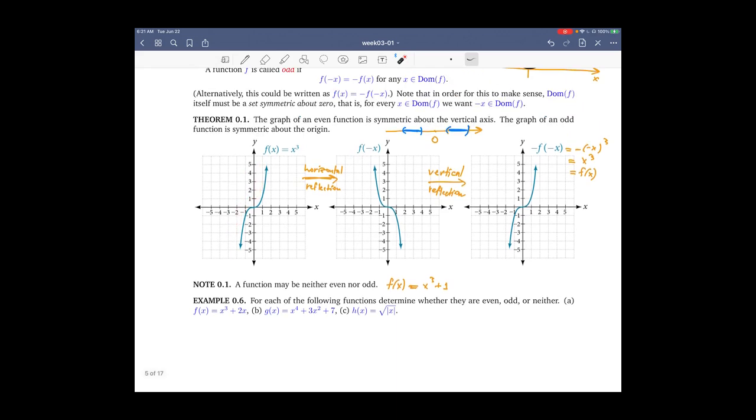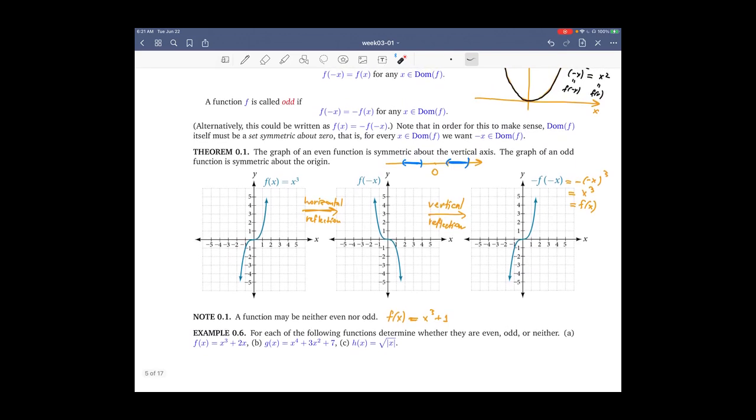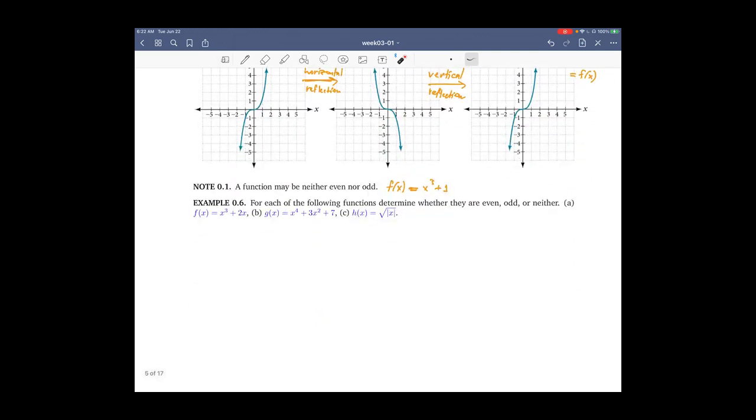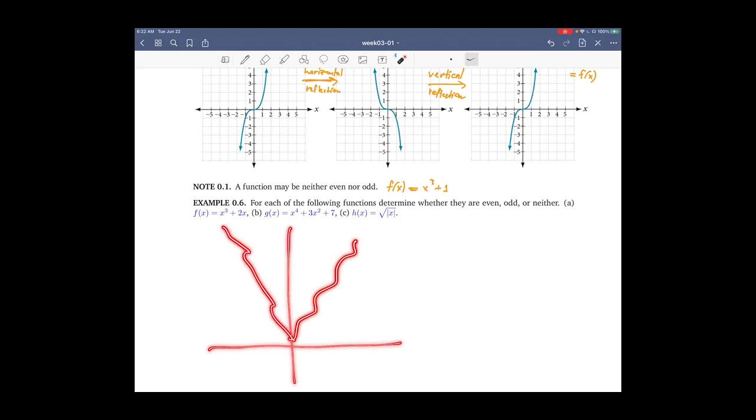One thing I forgot to mention, and it's really important, is that when you perform first a horizontal reflection of any graph, then vertical, that corresponds to reflection about the origin.